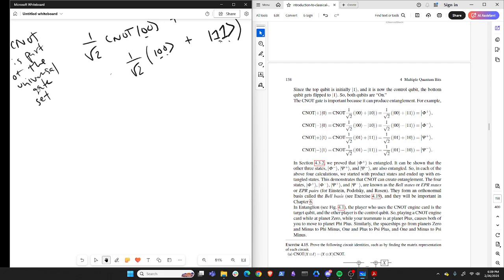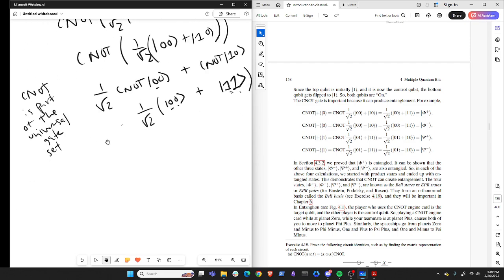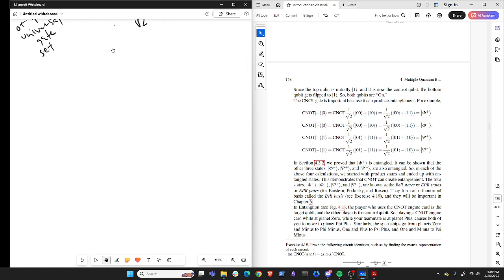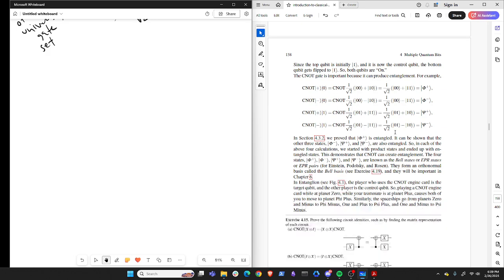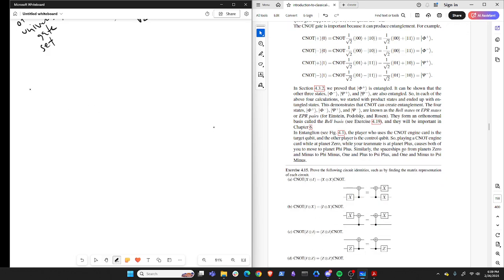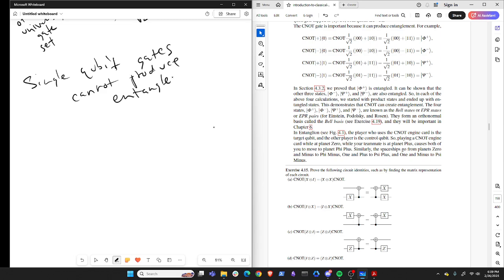So C0 is part of the universal gate set because it can produce entanglement. It can operate on multiple qubits. So single qubit gates cannot produce entanglement. Only gates that work on multiple qubits.